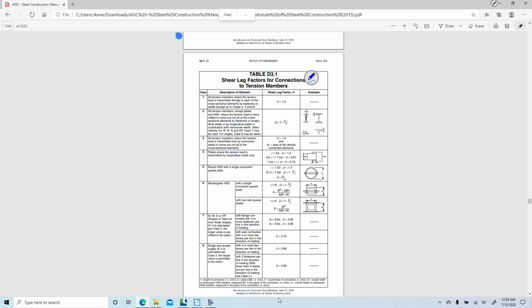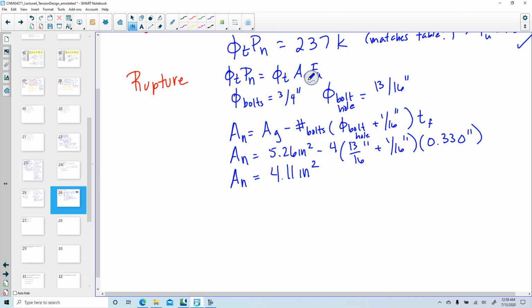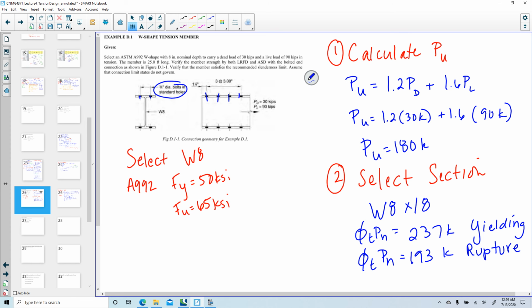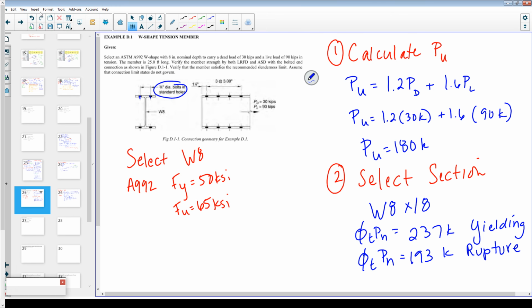There we go. So it's either case 2 or I might be able to use case 7. Right? If I have a flange with 3 or more fasteners in the direction of loading. So let's see if I can use that, because then I don't have to do more math, but we'll check both just in case. So can I use it? Flange with 3 or more fasteners in the direction of loading. 1, 2, 3, 4. All right, I can use case 7. So I'm going to do case 2 and case 7.